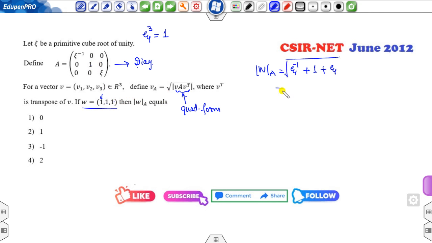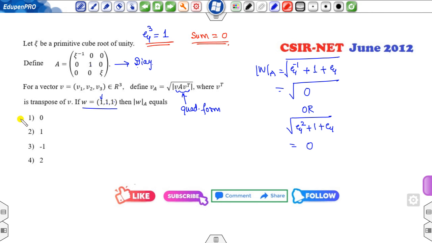What is given to you? This is 0. Or you can see xi inverse; I can write it as xi square. Then 1 plus xi plus xi square is 0. That's the sum of the roots, because the sum of the roots of unity is 0.